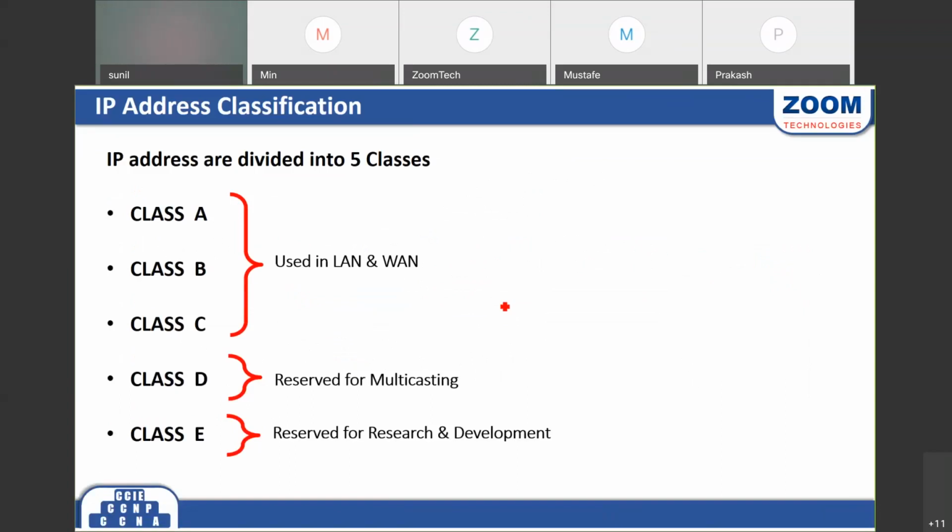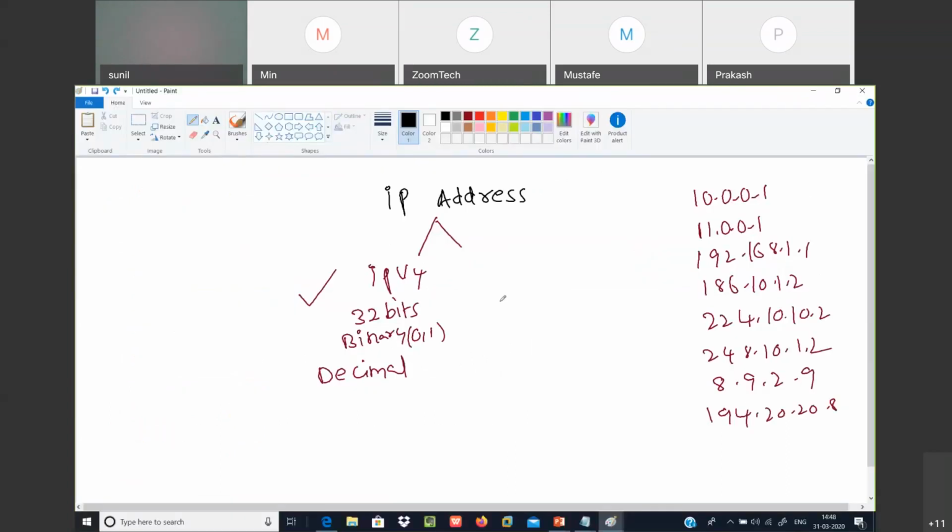All the classes, Class A, Class B, Class C, we have some IP addresses in the list right here. We have discussed some IPv4 addresses like 10.0.0.1, 11.1, 192.168, 186. In this list of IP addresses, which IPs belong to which class?